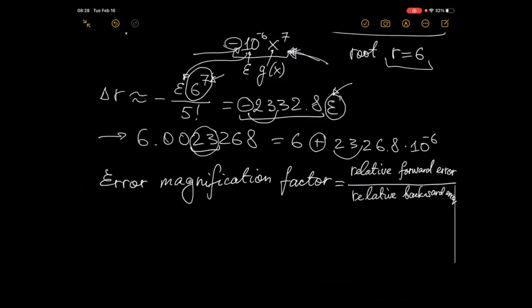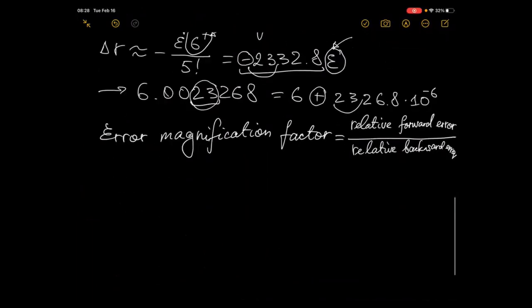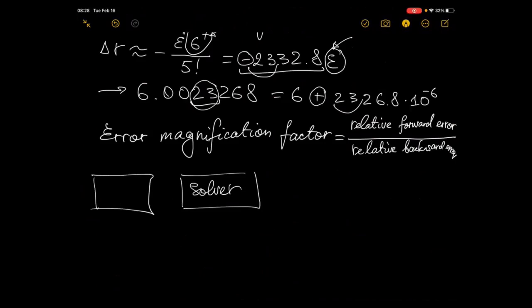Let me remind you what forward error and backward error are. If we have a solver, we have an error of initial data here, and here we have the backward error.